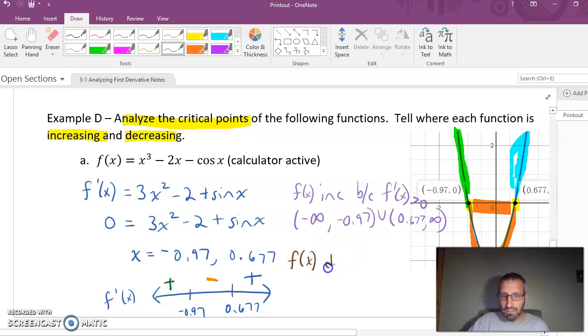We will also have a decreasing f of x because the first derivative is less than 0, or negative. And that occurs in our middle section here, going from negative 0.97 to 0.677.